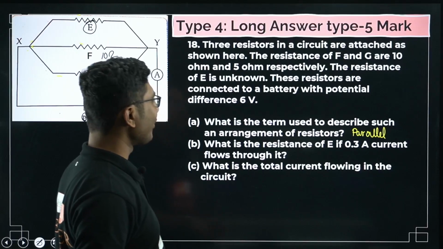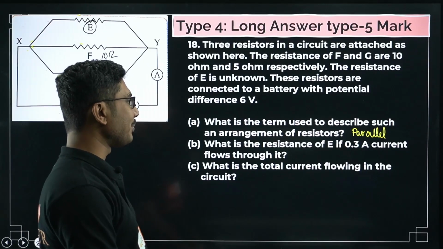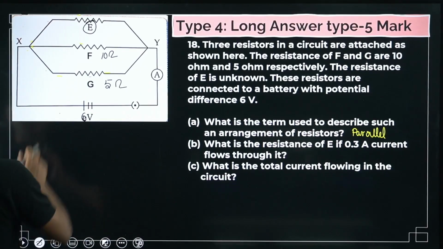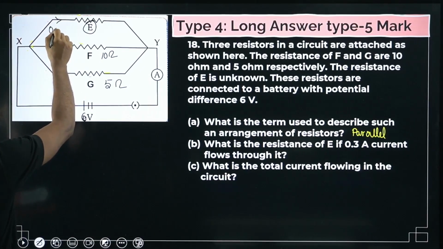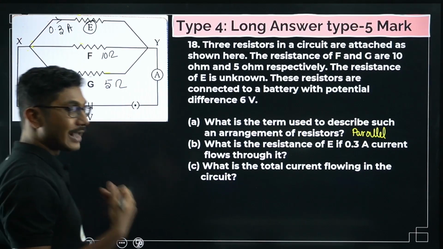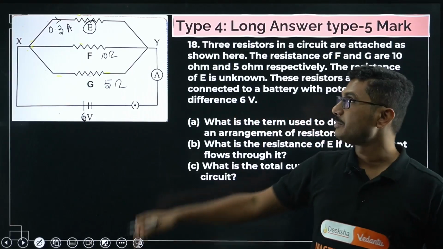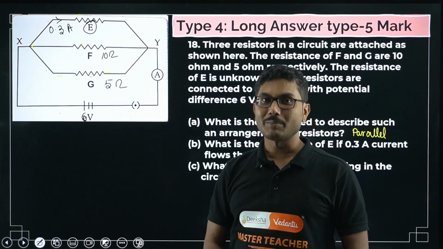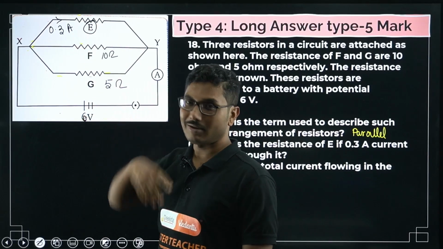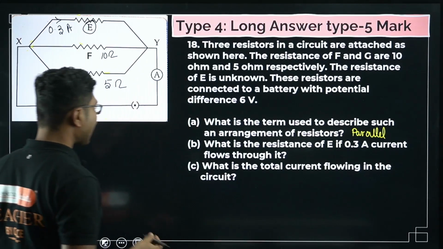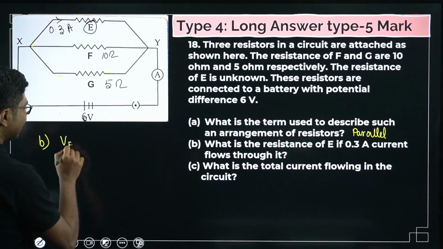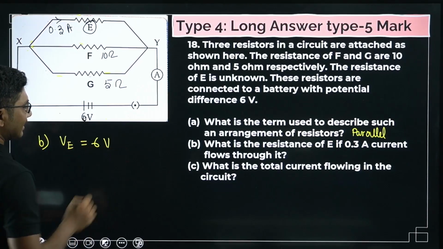What is the resistance of E if 0.3 ampere current flows through it? So 0.3 ampere current is flowing through it, and they are asking what is the resistance. We know that Ohm's law is applicable individually to all the components because in parallel combination they can be considered independent. So the same 6 volt is applied across this E as well. So voltage across E is the same as the applied voltage, that is 6 volt, right?